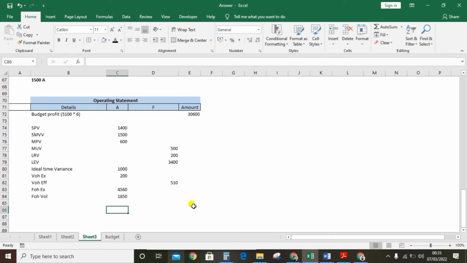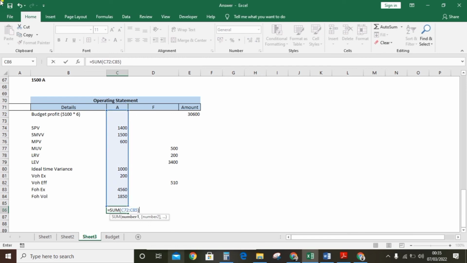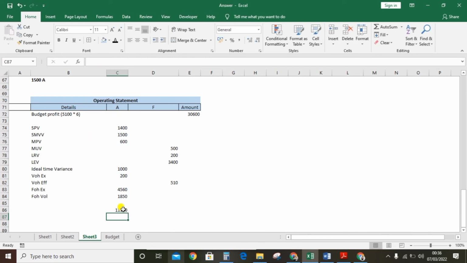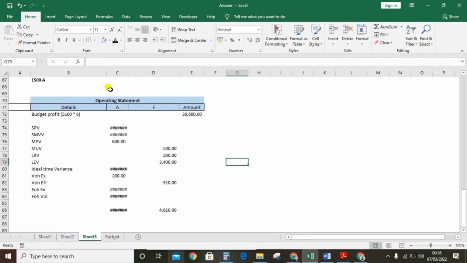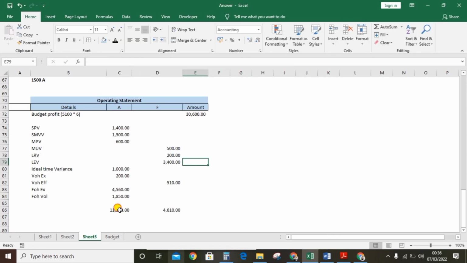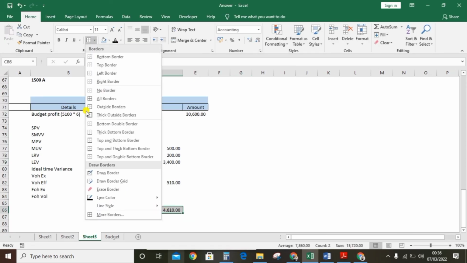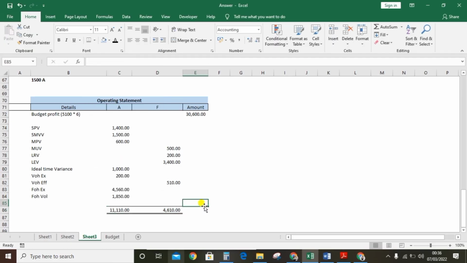You can sum the adverse figures as well as the favorable figures. The total of adverse is 11,110 and the total of favorable is 4,610.